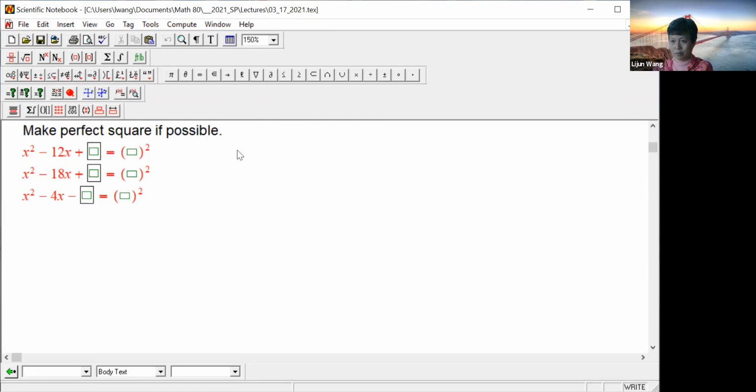Okay, there's an if. Last but not least, 4 questions. Minus 3x plus blank, to make what perfect square?